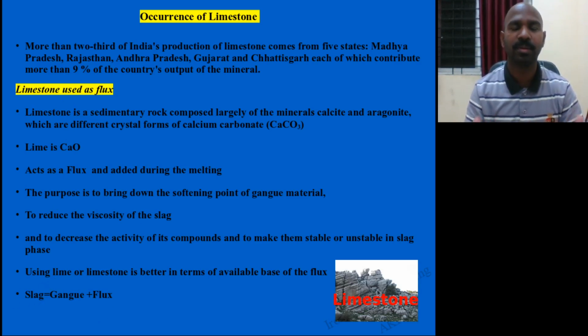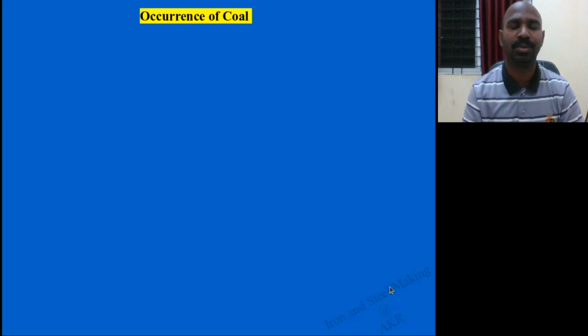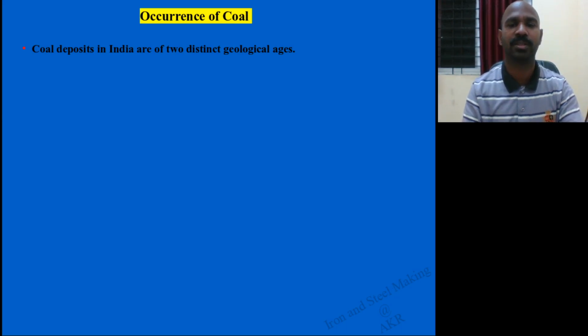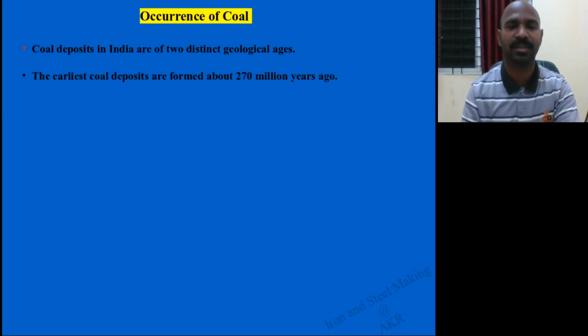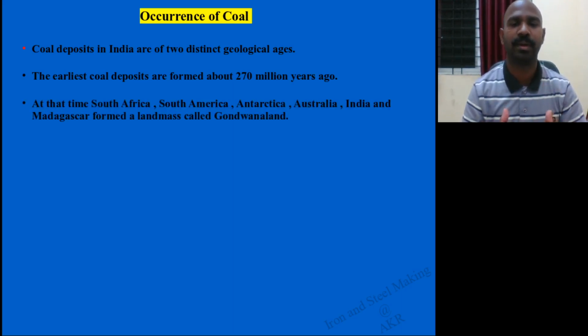This is the real image of limestone, how it looks. And occurrence of coal, another topic. Coal deposits are found in two different geological ages and regions. Around 270 million years ago, in South Africa, South America, Australia and India, coal was found in that land mass called Gondwana land.